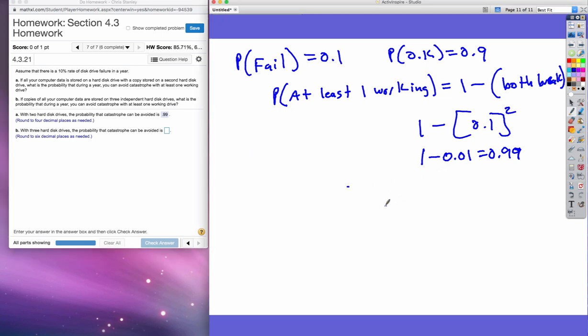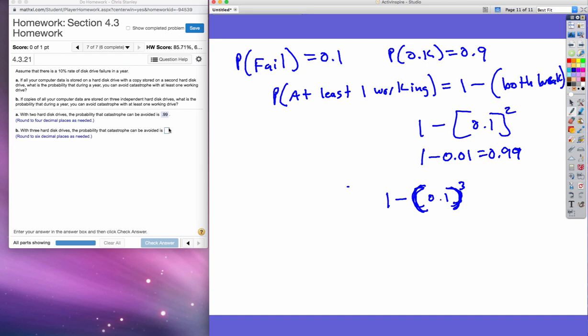Okay, now with 3, you do the same exact thing, but this is going to be to the 3rd power. And I could use parentheses here or brackets, it doesn't really matter. So this should be 0.999. I did 0.1 to the 3rd power, and then 1 minus that.